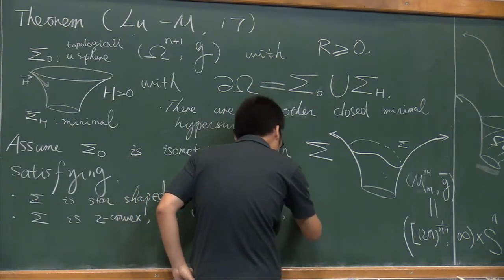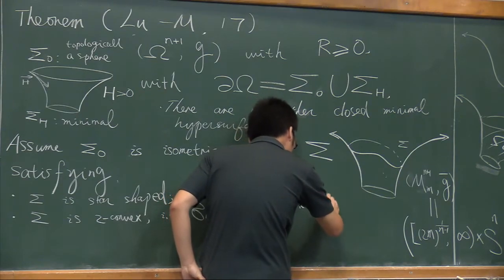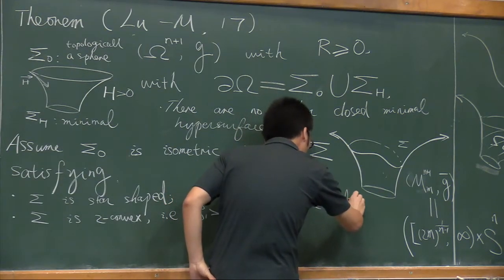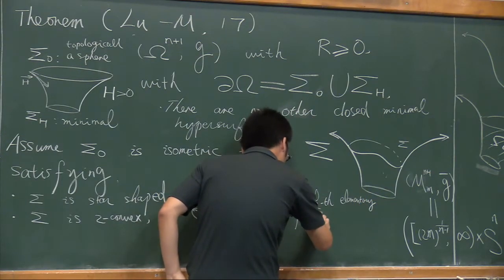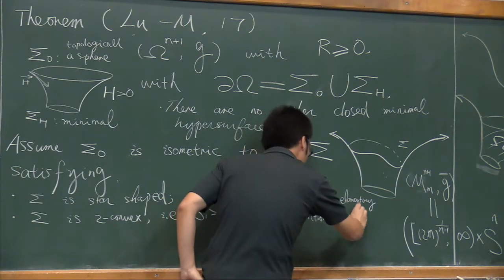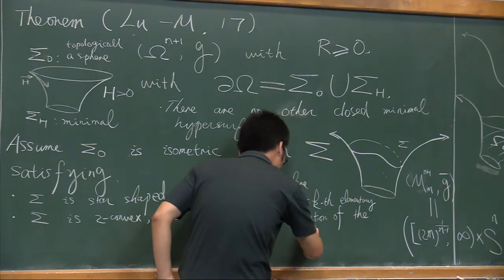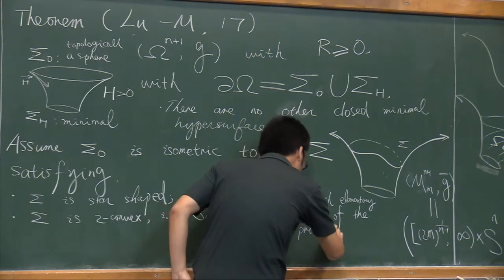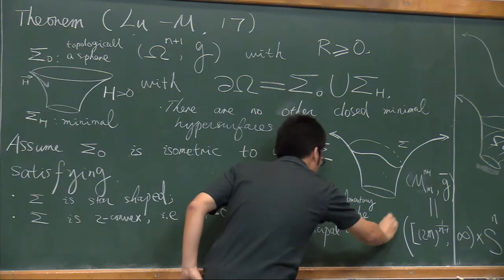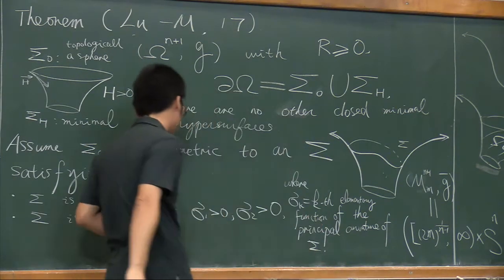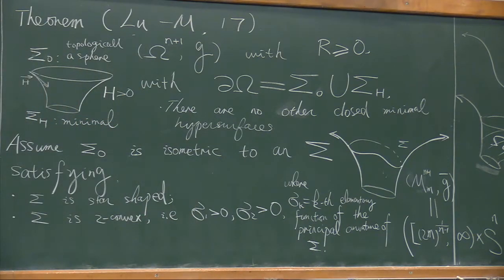The sigma k is the k-th elementary symmetric function of the principal curvatures of sigma. So in particular, sigma 1 would be the mean curvature.